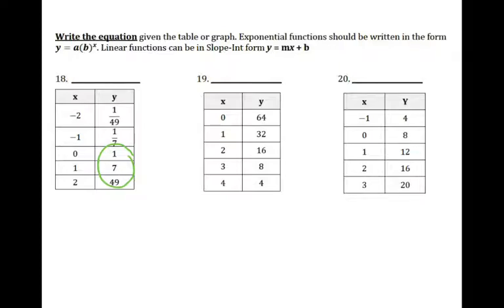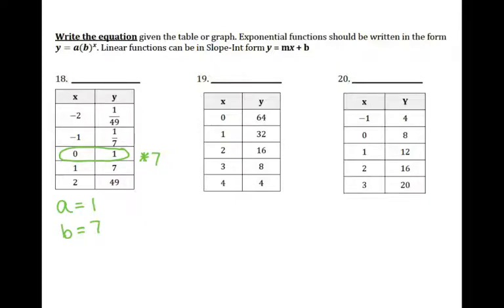What's happening is I am multiplying by 7 each time. Since I am multiplying by 7, that is going to create an exponential function. My a is your y-intercept, which is when x equals 0. So my a in this case is 1, and b is what you're multiplying by every single time. So b in this case is 7.